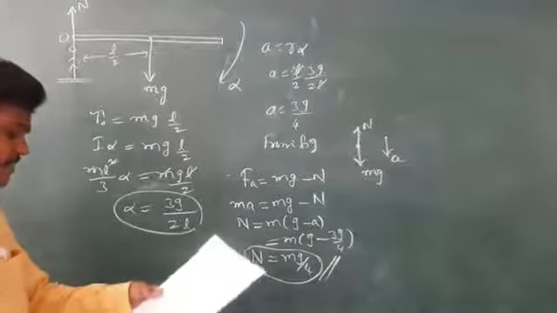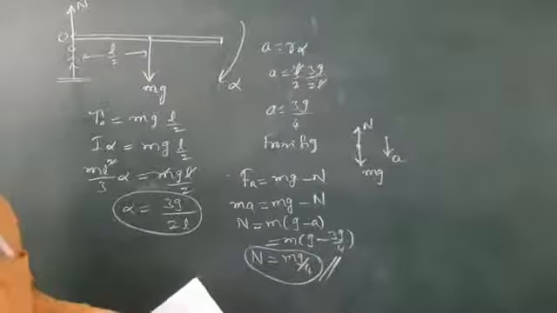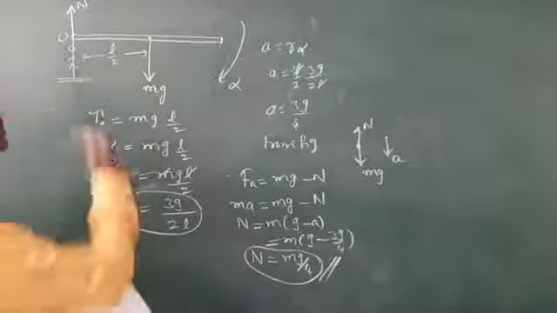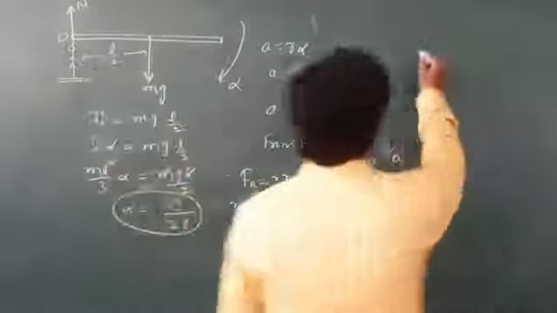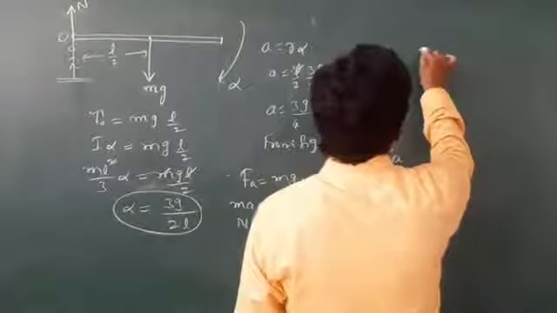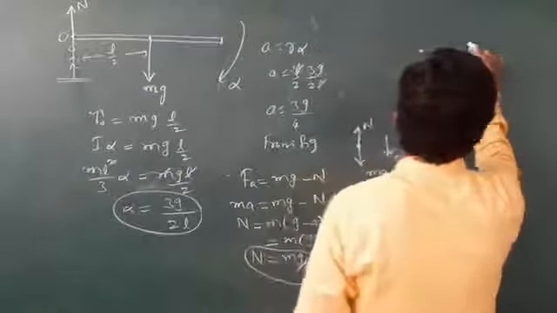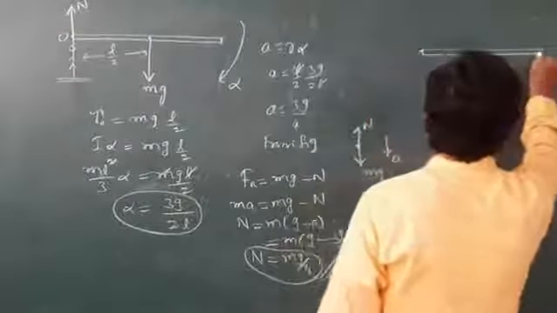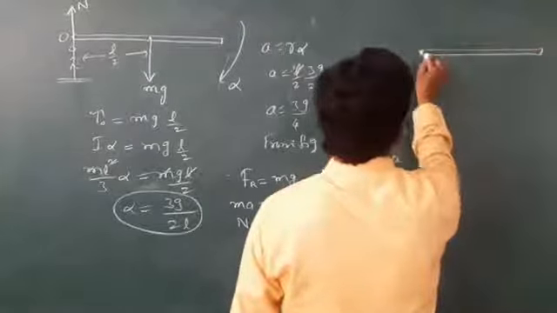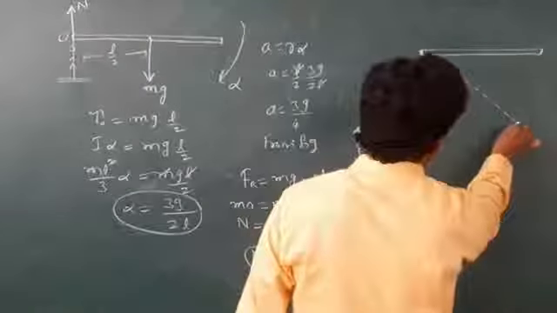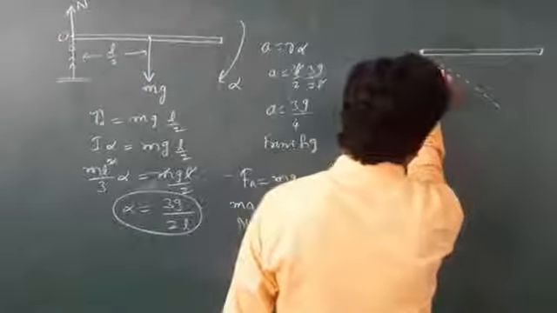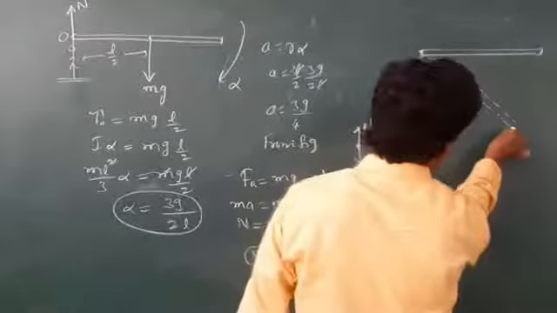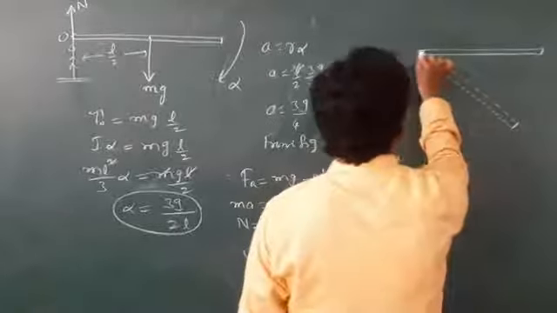And the second part: when the rod makes an angle theta with the vertical. This is the initial position of the rod, and after a certain instant of time the rod makes an angle theta with the vertical.